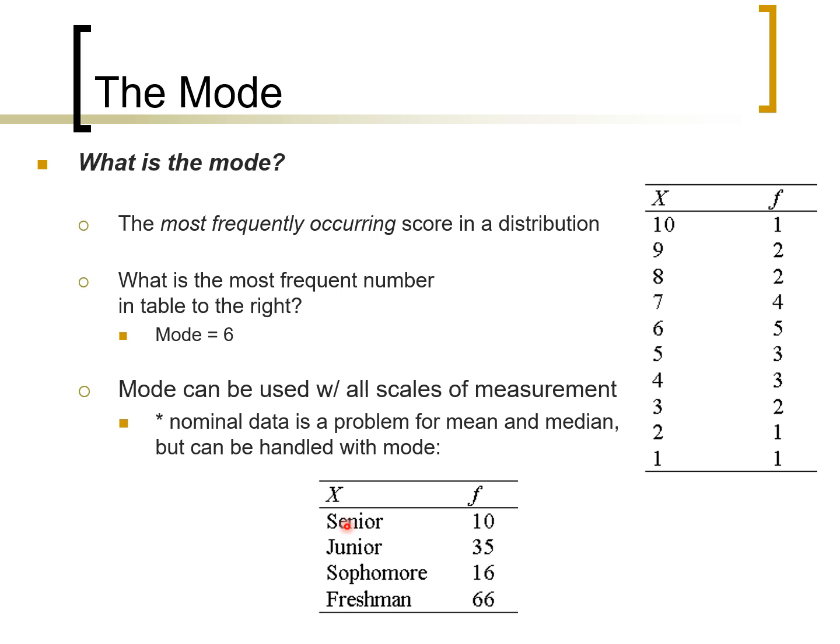So it is ordinal but not continuous level data, but we see the mode can be clearly used here with this class in college classification, and we see the mode for this would be freshman standing. Looking at the entire set of scores, the mode here would be the one with the highest frequency, and there are the most freshmen in this sample, and that's what the mode is, 66.